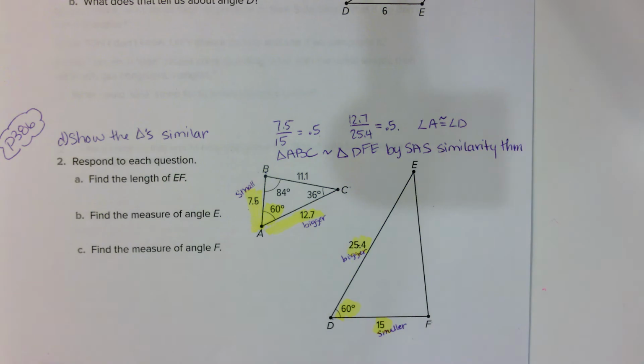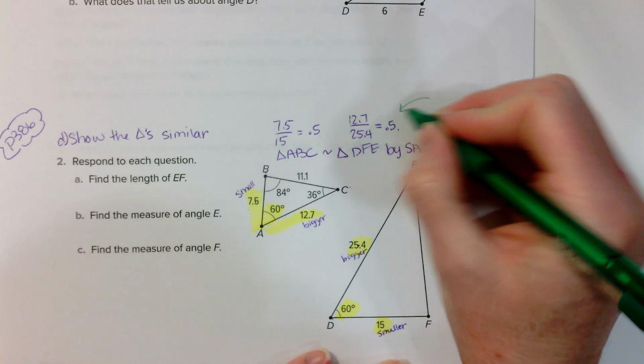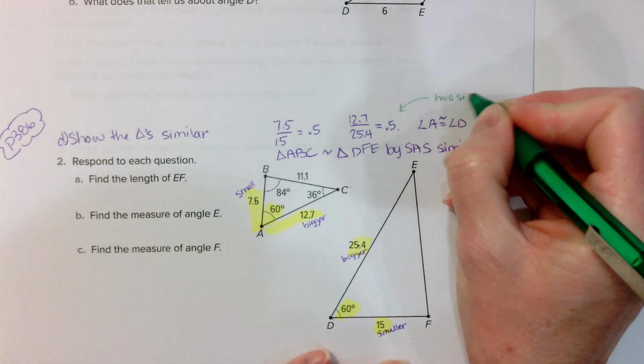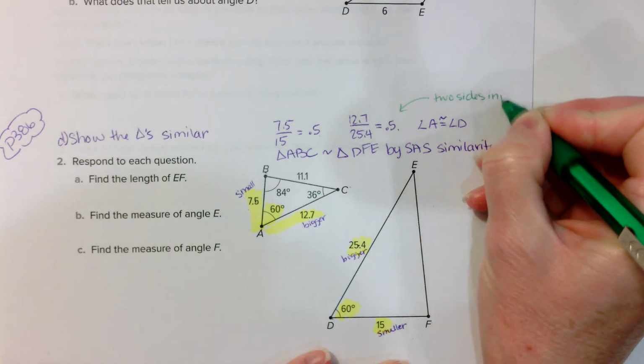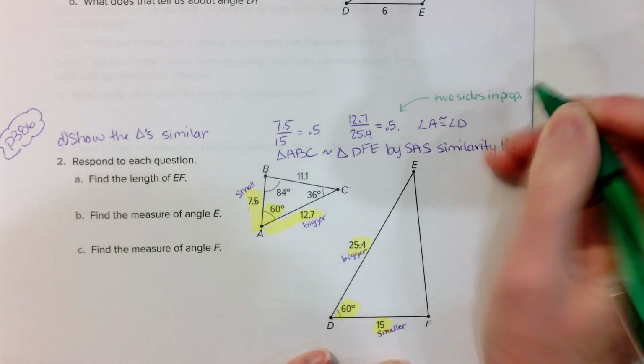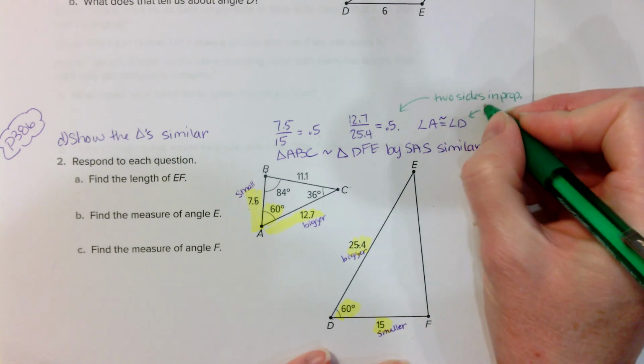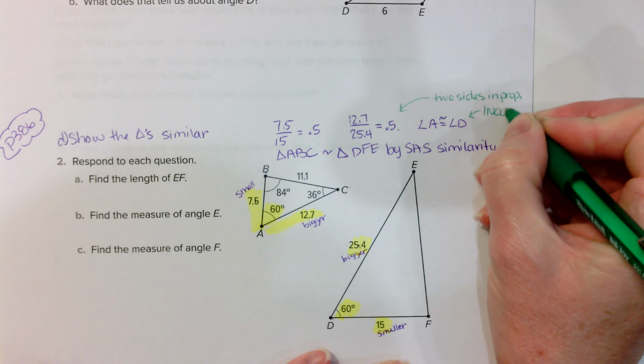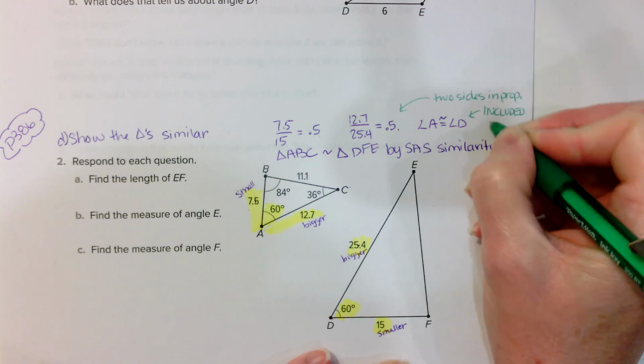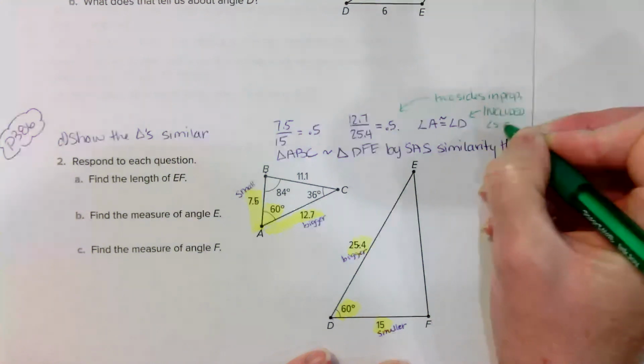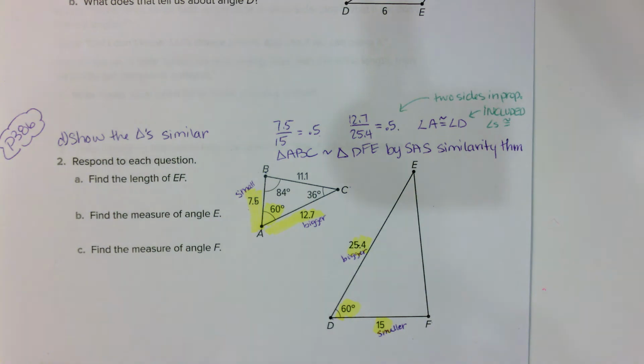Notice what I have here: I showed 2 sides in proportion, and I showed the included angles were congruent. Those are the 2 parts of the side-angle-side similarity theorem.